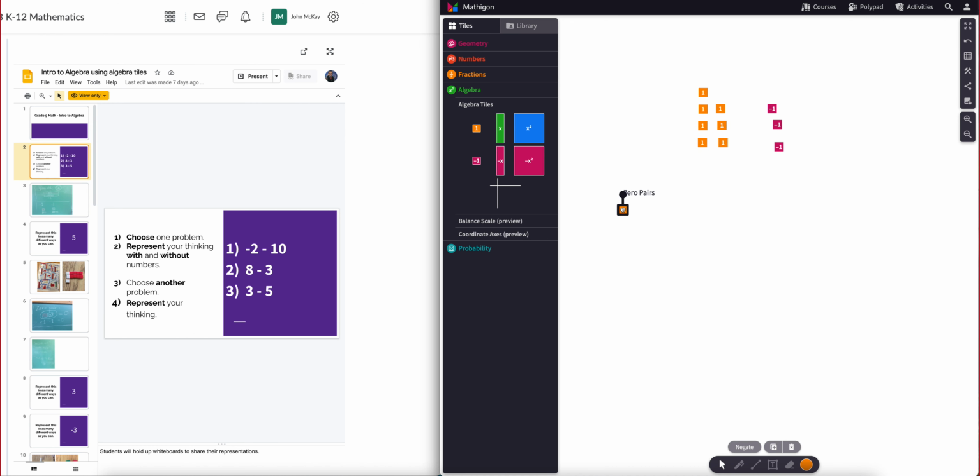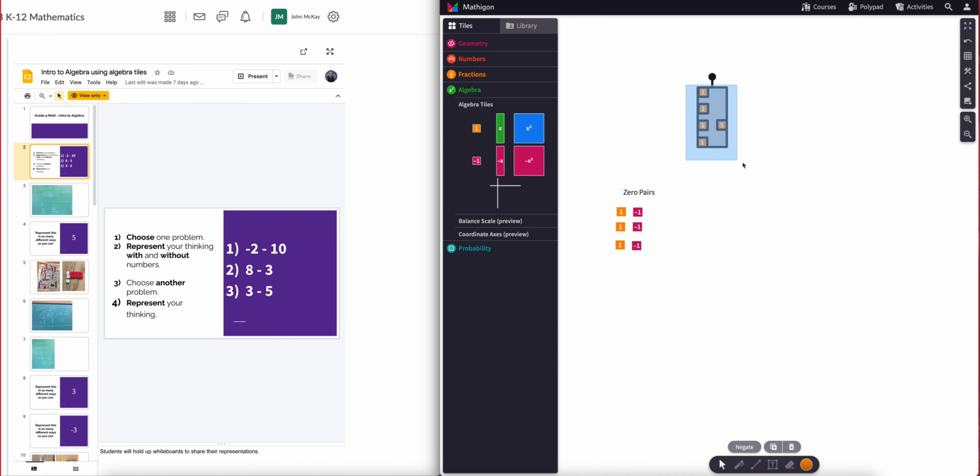So I could take a positive 1 and a minus 1. That's a zero pair. Then I can take another one. There's 2 zero pairs there. It looks like I have room for one more zero pair. So you have 3 zero pairs.